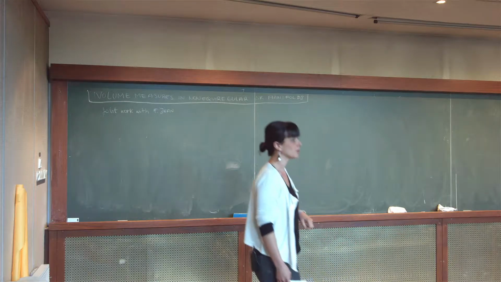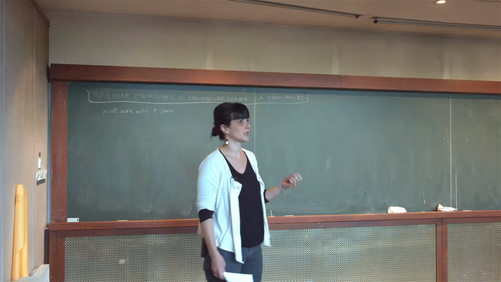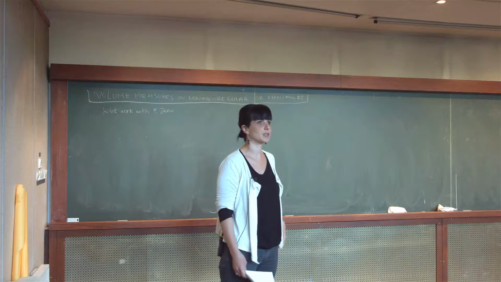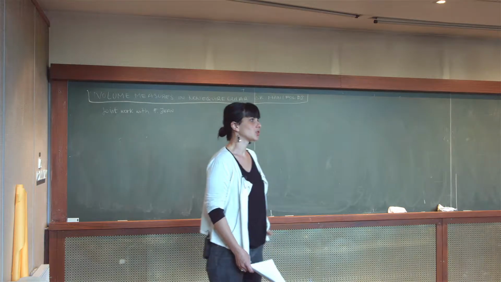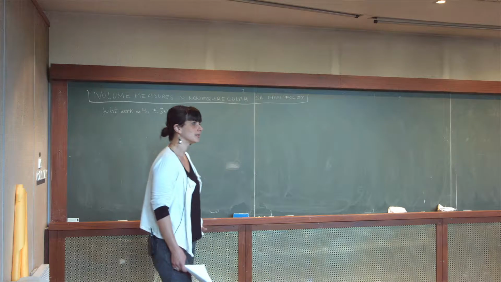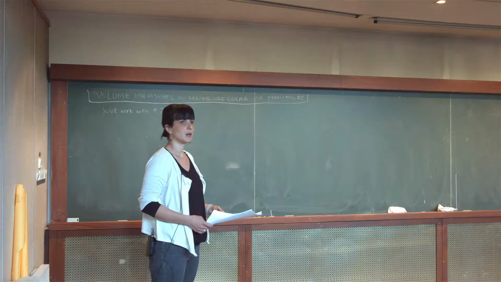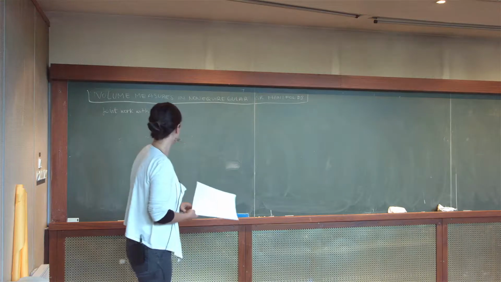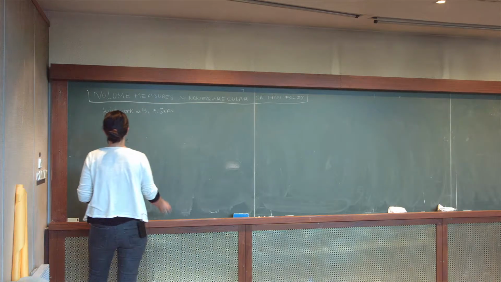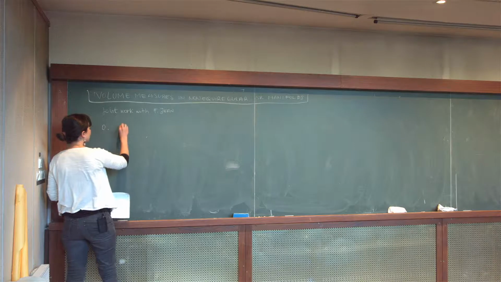And then I will focus on the behavior of such measures with respect to a smooth volume and show how to use its regularity to prove some results on measured Gromov-Hausdorff convergence. So first, I start with some notations.